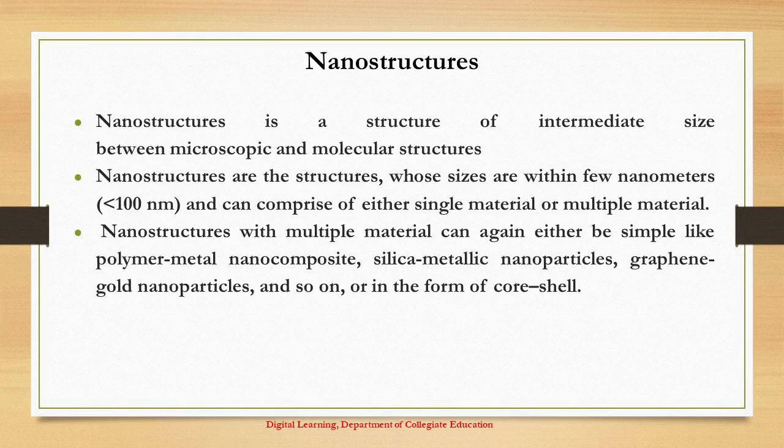It is less than 100 nanometer and can comprise either single material or multiple materials. These nanostructures with multiple materials can again either be simple, like polymer metal nanocomposite or silica metallic nanoparticles or graphene gold nanoparticles and so on, or in the form of core shells. Like this the nanostructures begin.